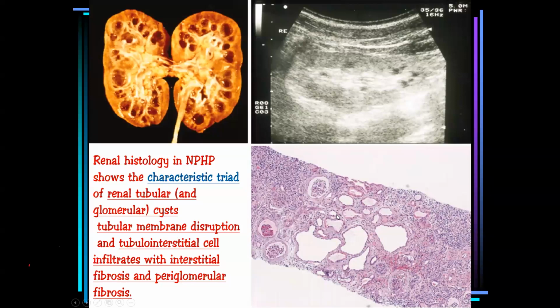And of course, if we have a very fine pathologist like our pathologist in my country, you will be helped to diagnose this condition by the presence of this triad. Of course, this diagnosis is very important. As I told you, usually it affects young aged people.